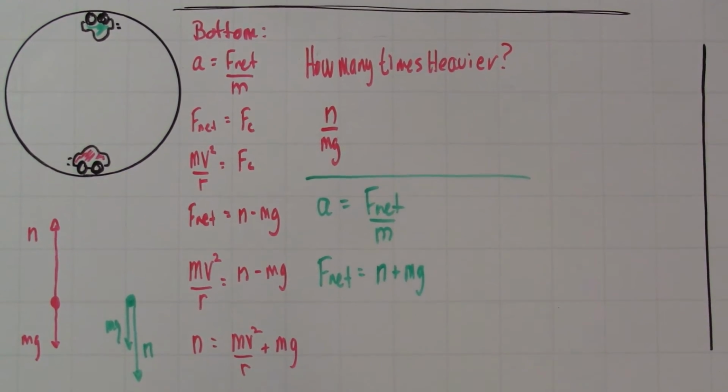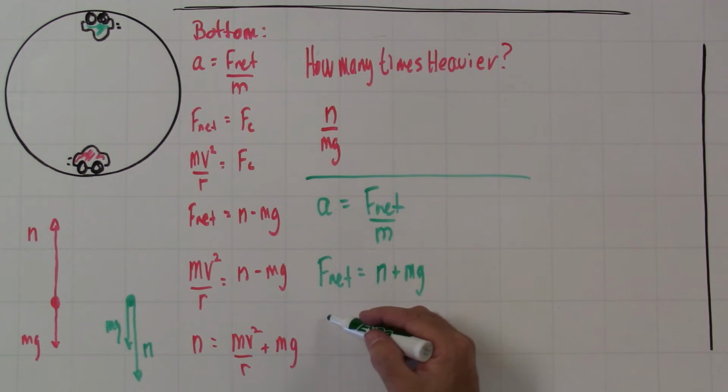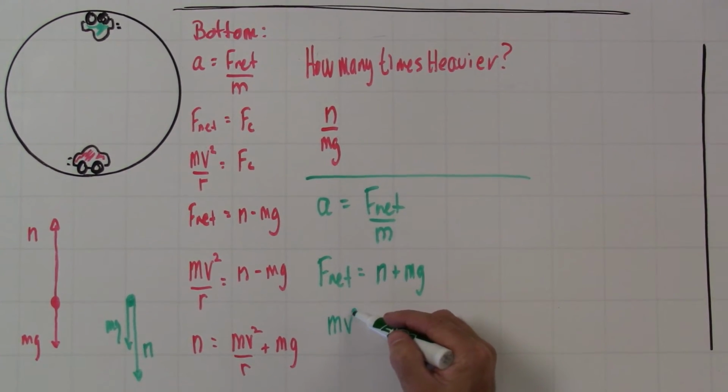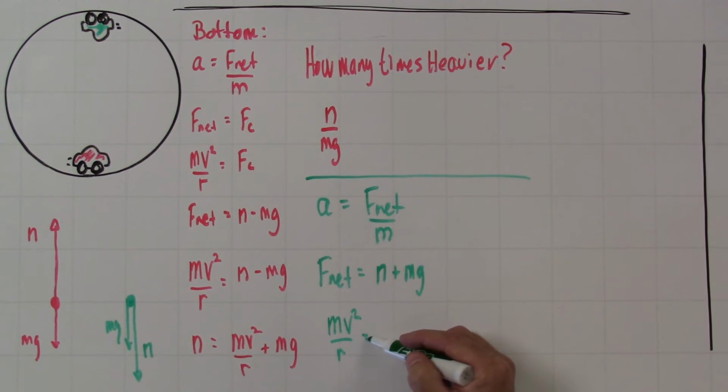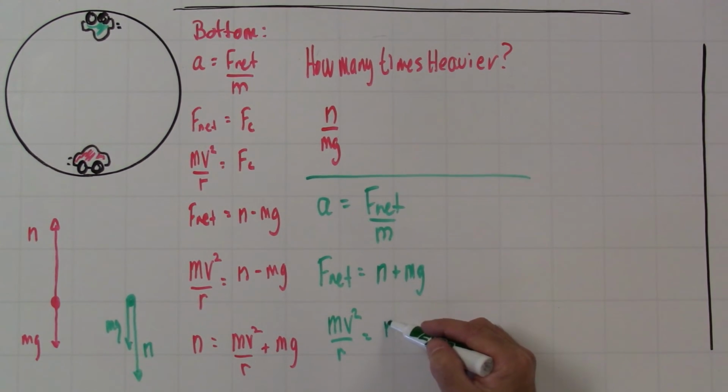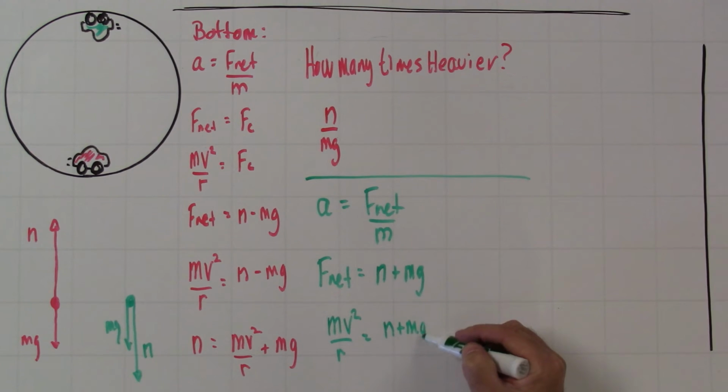And this time we're adding them together because they're in the same direction. In the first one they were in opposite directions, so we subtracted. This time they're in the same direction, so we add them together. If the F net is still equal to mv squared over r, it's equal to, this time, N plus mg.